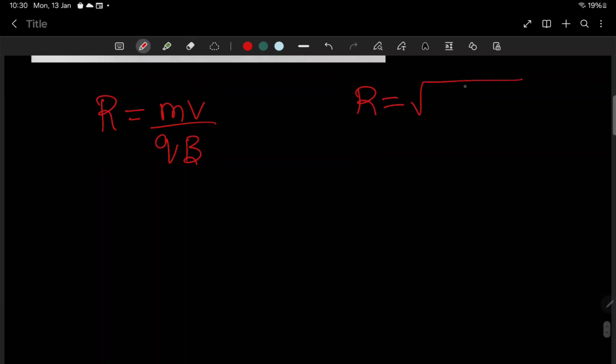You know one thing, that R equal to mv by qB. This is a formula, right? So first of all, we will take R1. It will become R equal to mv by qB. mv can be written as root 2m KE by qB.